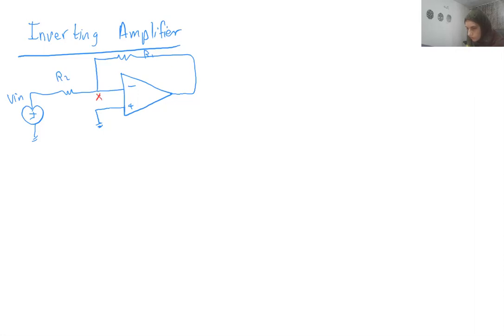We have here just the Vout, and it has an open loop gain of A0. Again, A0 is very large. When A0 is very large, then we assume that Vn1 is almost equal to Vn2. But now you can see this is Vn1, and this is Vn2.